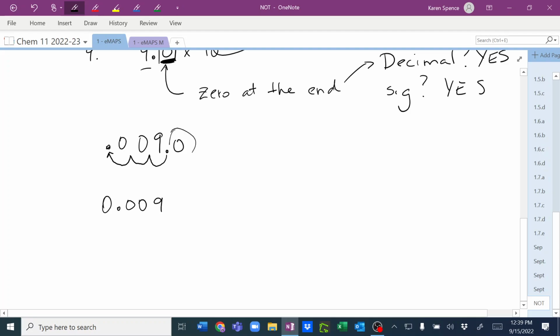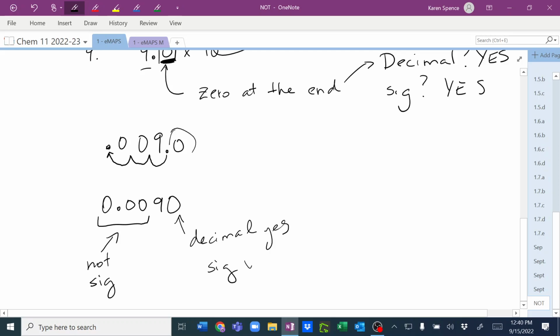I have to keep that 0 because it is significant. Zeros to the left are never significant, so they are not significant. And this one has a decimal, yes, significant, yes. So 2 sig figs there.